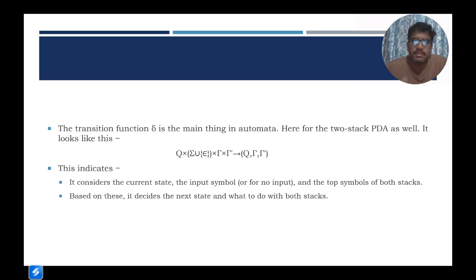This indicates it considers the current state, the input symbol, and the top symbol of both stacks. Based on this, it decides the next state and what to do with both stacks.